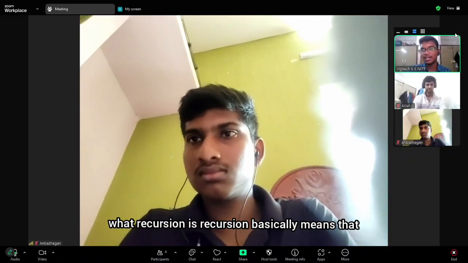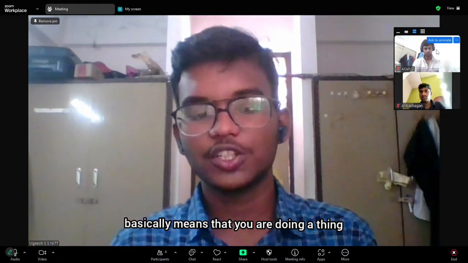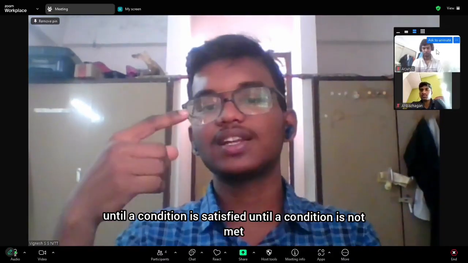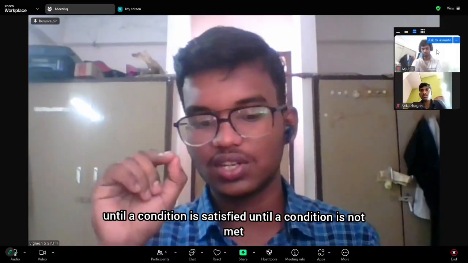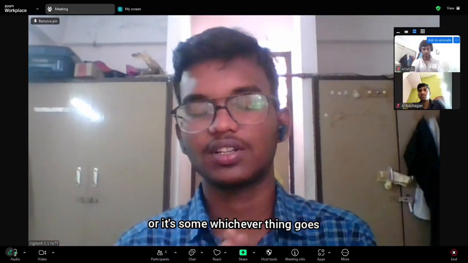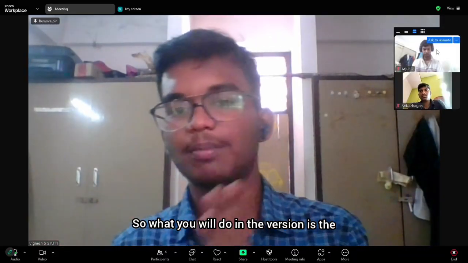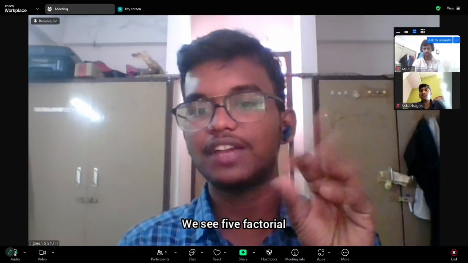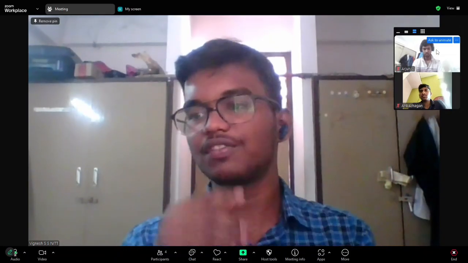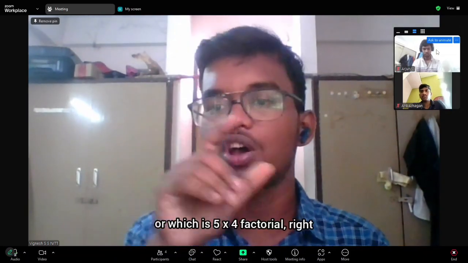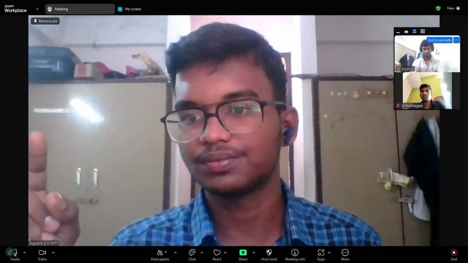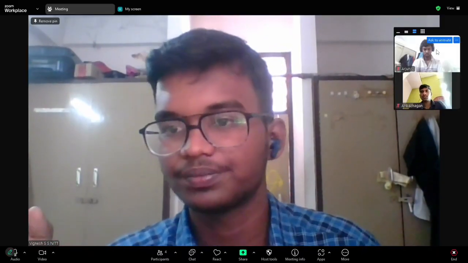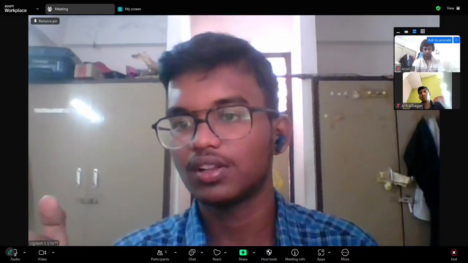Recursion basically means that you are doing a thing repetitively, a function repetitively, until a condition is met. The very best example for recursion is factorial problems. 5 factorial is 5 into 4 into 3 into 2 into 1, which is 5 into 4 factorial. 4 factorial is 4 into 3 factorial. 3 factorial is 3 into 2 factorial.